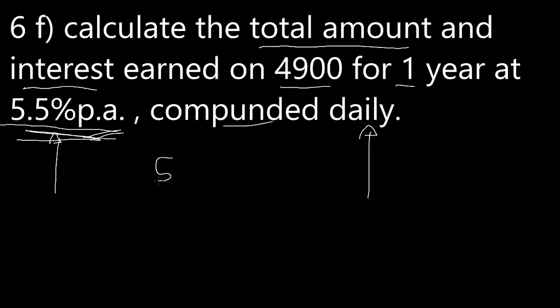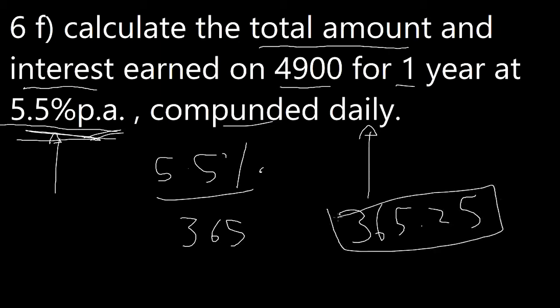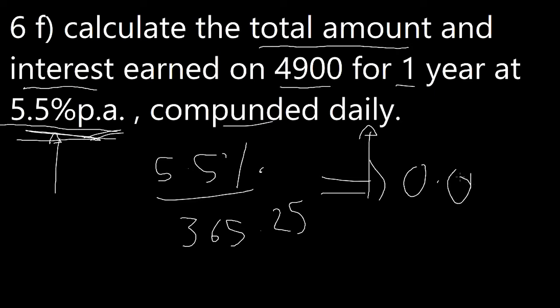So if we're getting 5.5% for the whole year, we're going to try and either divide this by 365, the amount of days in a year, or 365.25. Either of these could be right, depending on what your teacher wants you to do. But for this one, we're just going to be smart and do 365.25. So putting that in our calculator, we get 0.015%.